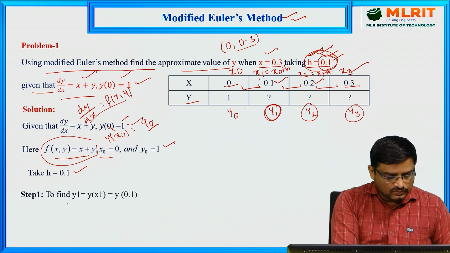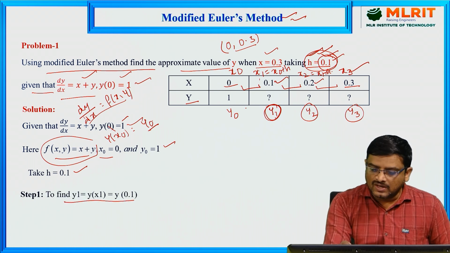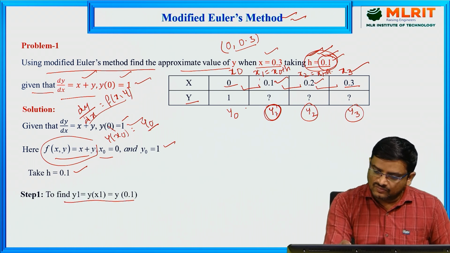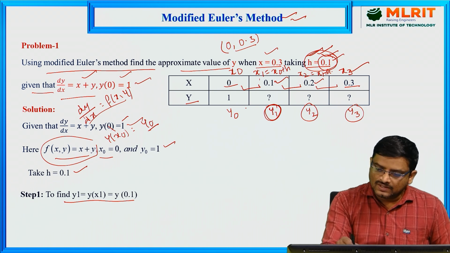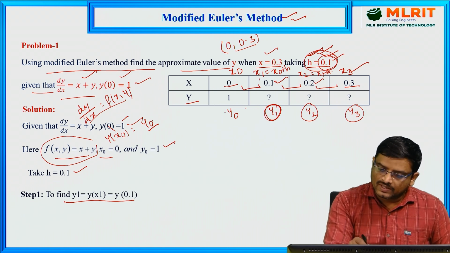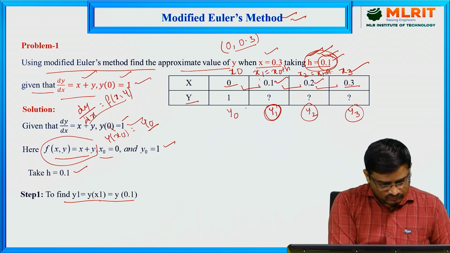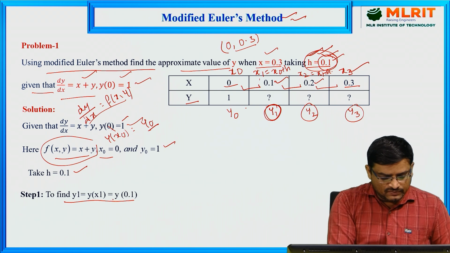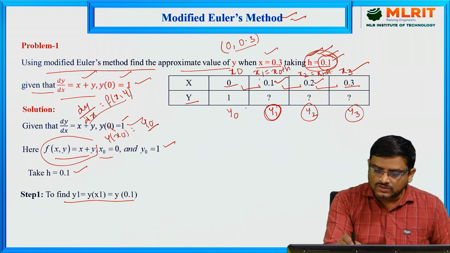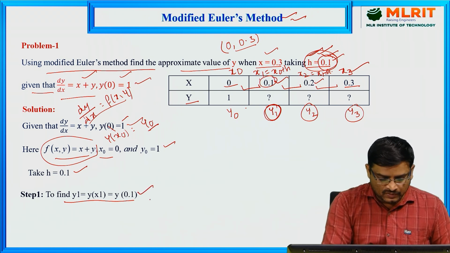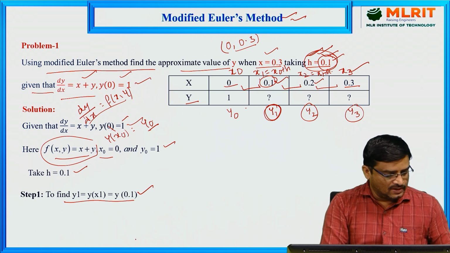Already we said that we are going to find the value of y1. So y1 is nothing but the value we get for y at x is equal to x1. So y1 is equal to y of x1, and x1 is 0.1.